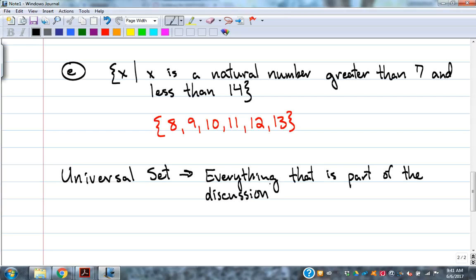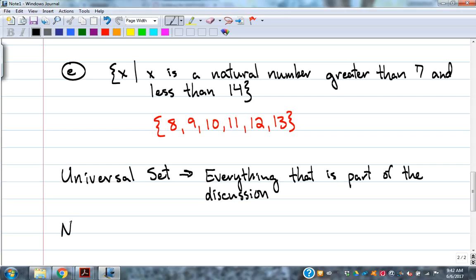So a universal set, if we're talking about the natural numbers as the universal set, that means all of the counting numbers from 1 to infinity. The natural numbers is an infinite set. If we're talking about one large set and then some things called subsets, then the largest set is the universal set. So universal set just means everything that's part of the discussion. It's part of the things that are going on. We'll see some examples. You'll understand what I mean here.